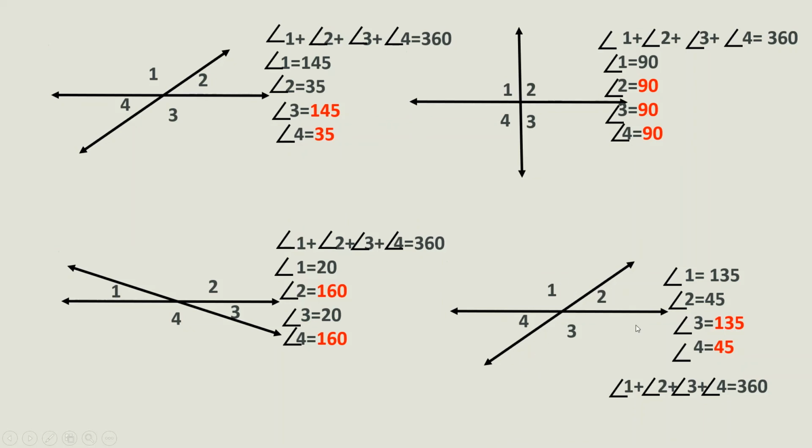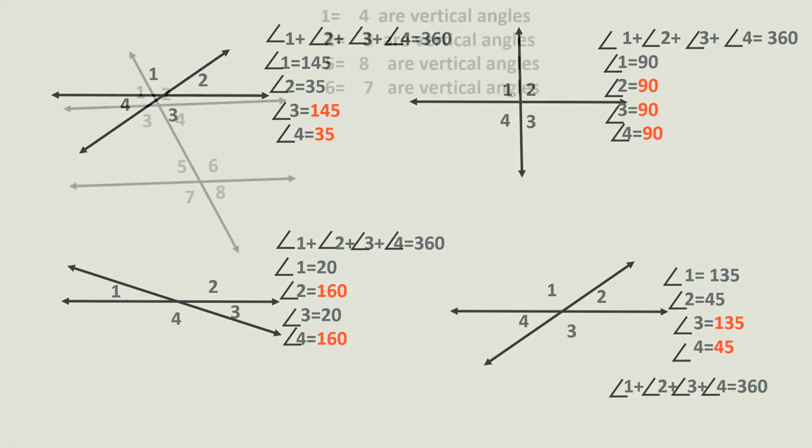In this figure, angle 1 is equal to 135 degrees. So that means angle 3 should also equal 135 degrees. Angle 4 is equal to 45 degrees. That means angle 2 should also be equal to 45 degrees. And all of these angles add up to 360 degrees.